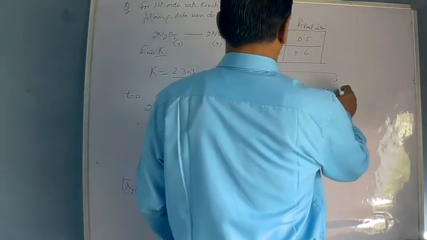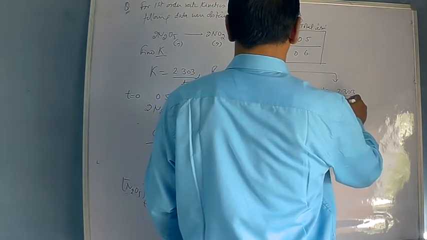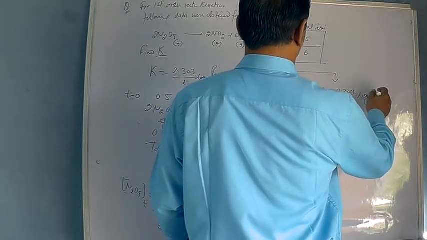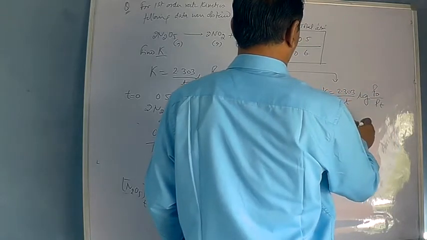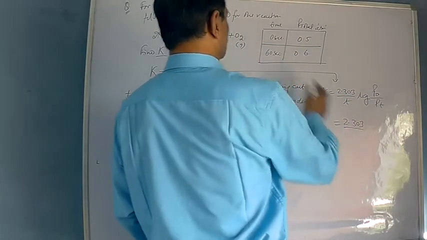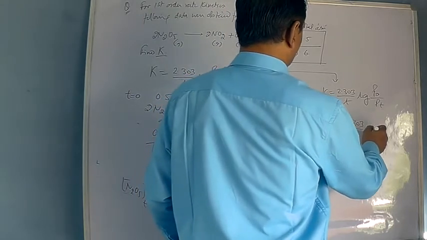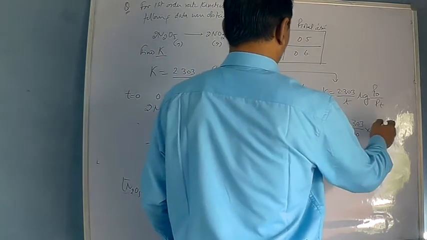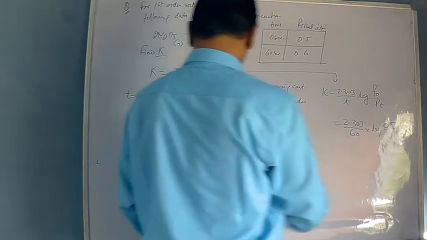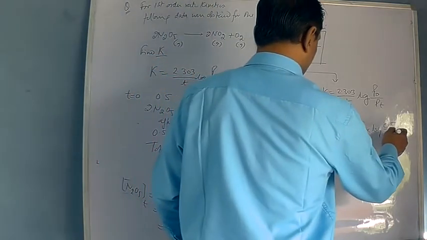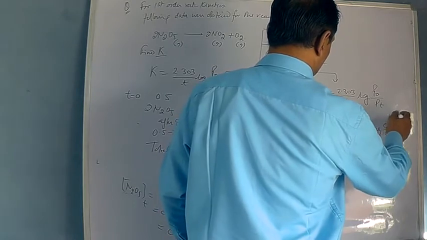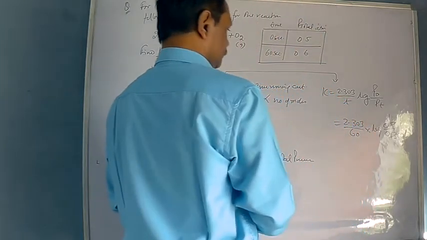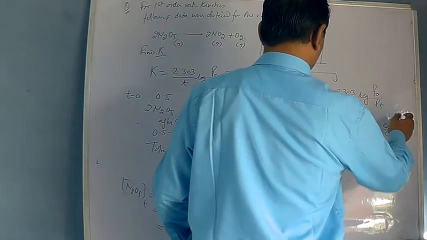So K equals 2.303 upon t, log of original pressure upon pressure at time t, with t as 60 seconds. Log of original pressure 0.5 over pressure at time t, 0.3. The decimal goes, so I'm left with 1.66.